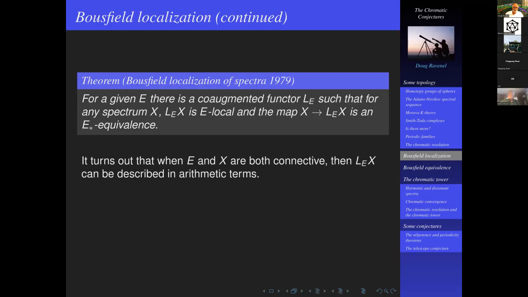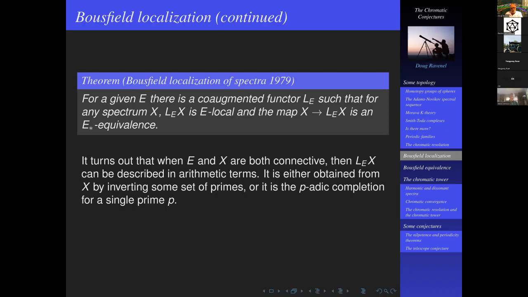Okay, so what is this? What does this thing LE of X look like? Well, it turns out that if E and X are both connective spectra, meaning they both have no homotopy groups below some fixed dimension, say below dimension 0, then LE of X can be described in arithmetic terms, by which I mean you can do something arithmetic to X. You either invert some primes or maybe you complete at a single prime.